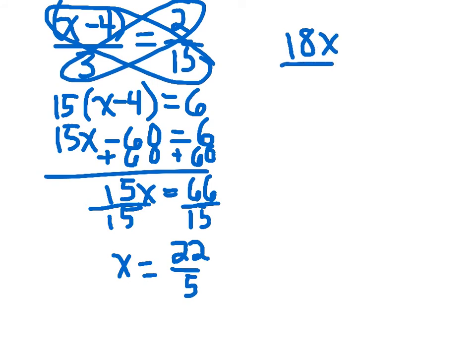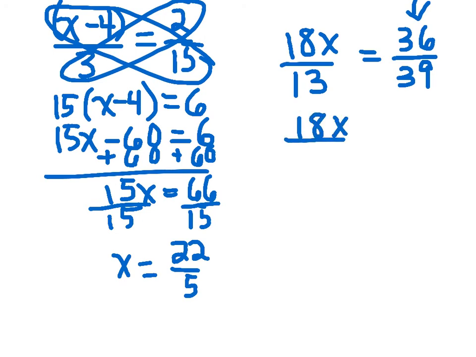18x over 13 is equal to 36 over 39. I hope that you would realize that these two are both divisible by 3. If I simplify this fraction first, I get 12/13.